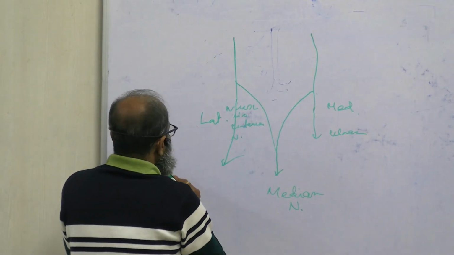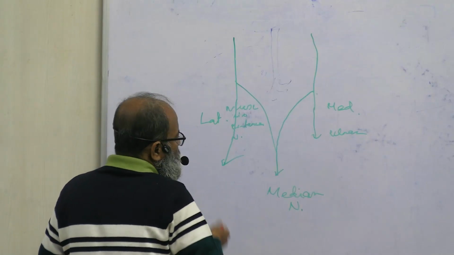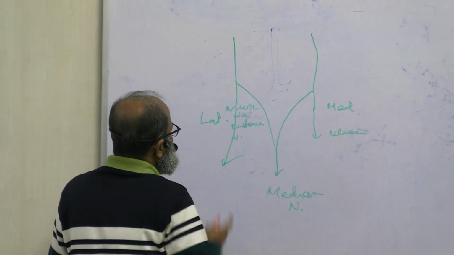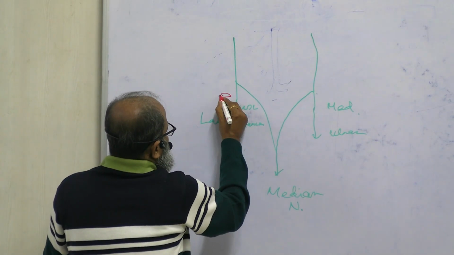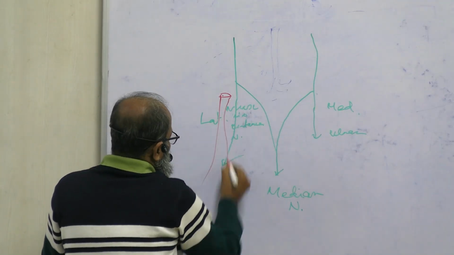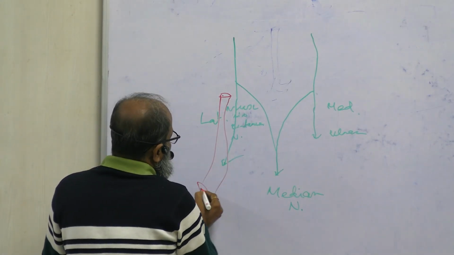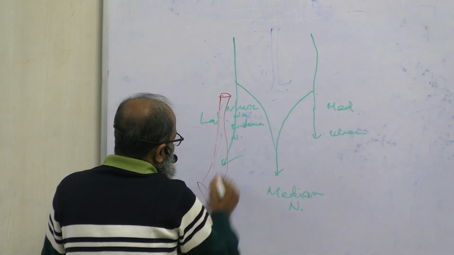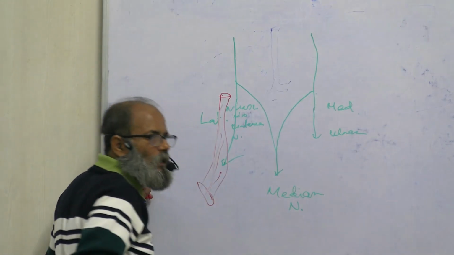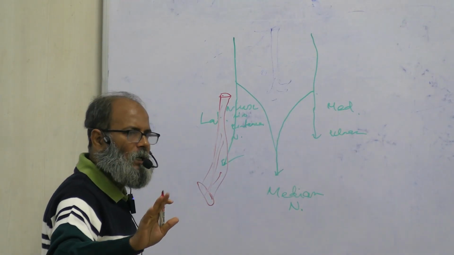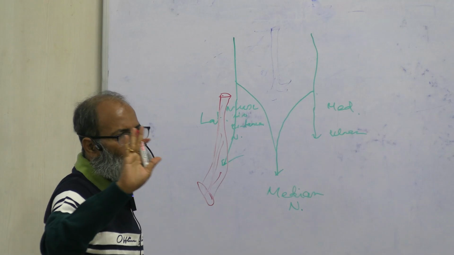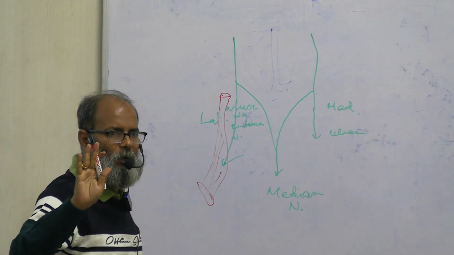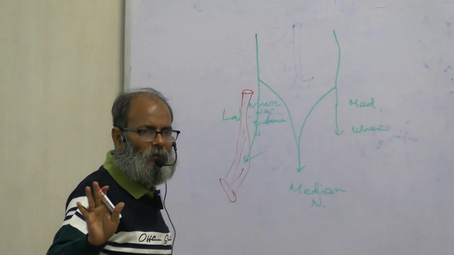Alright. So you can identify that this nerve is the musculocutaneous nerve. Got my point? So one thing is done.